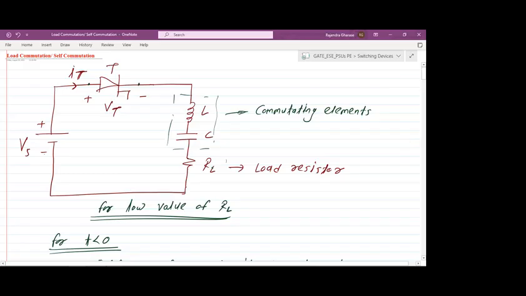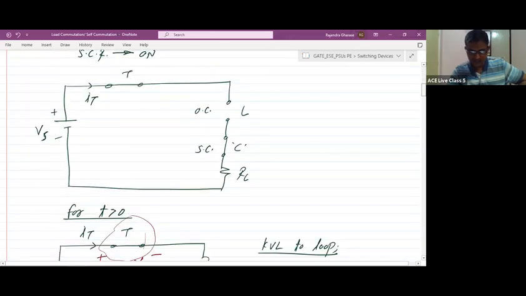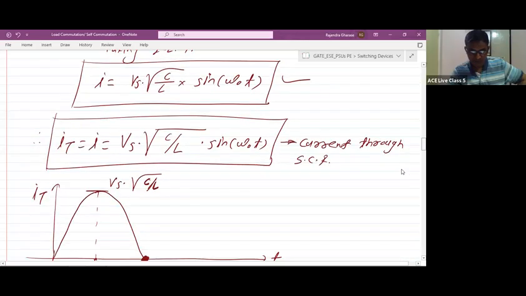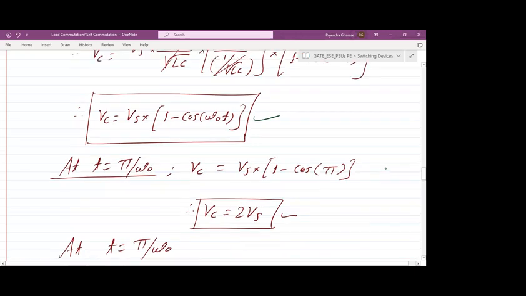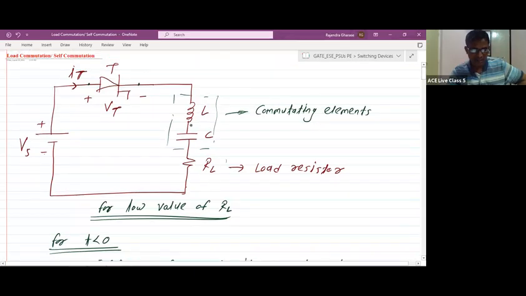And sir, the voltage across the capacitor is twice Vs. How does it come, from the diagram? Suppose the inductor is not present in this circuit, then your capacitor will be charged to the maximum voltage of Vs only.